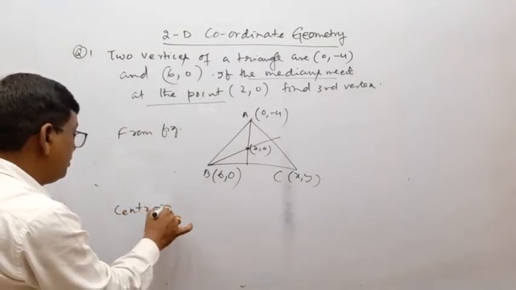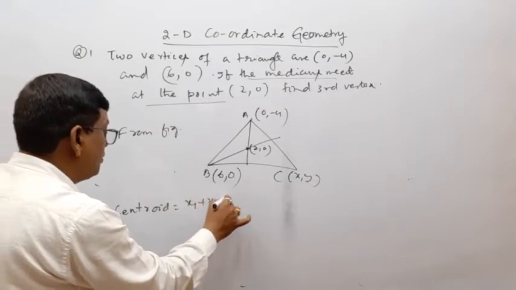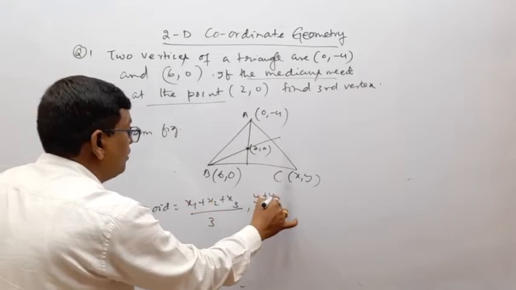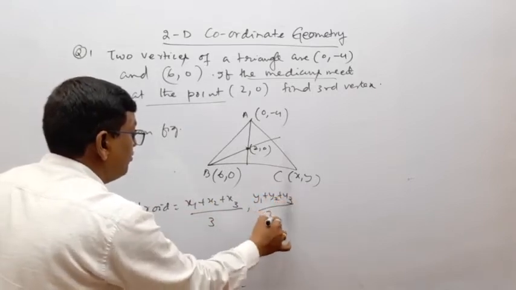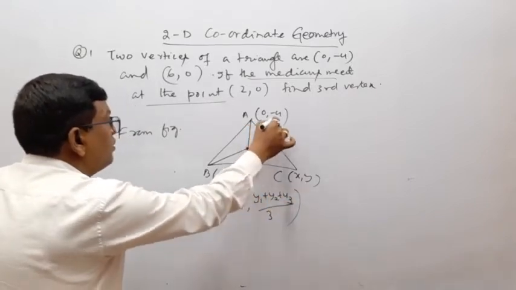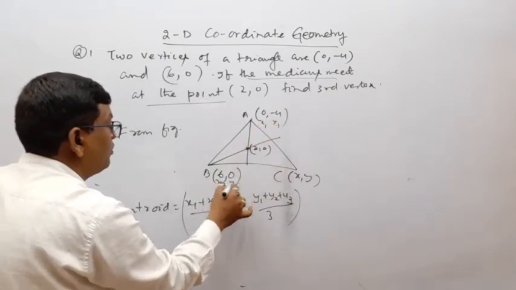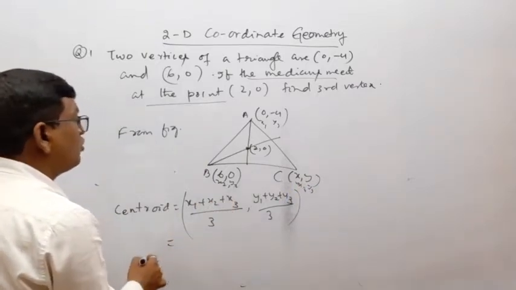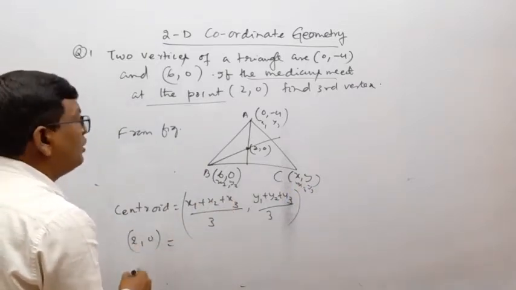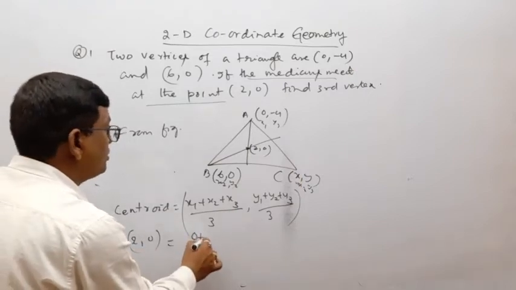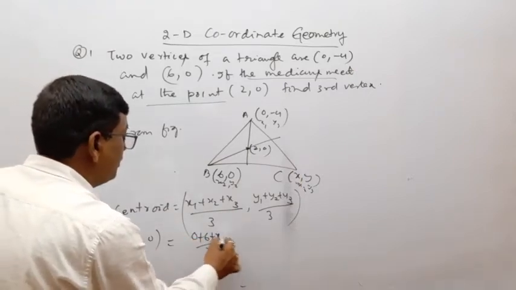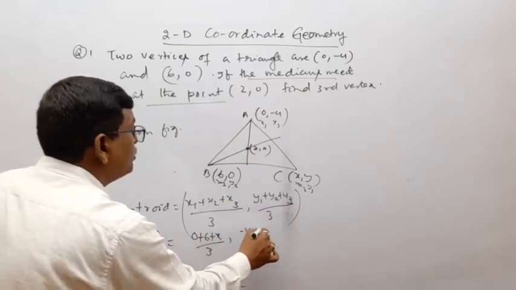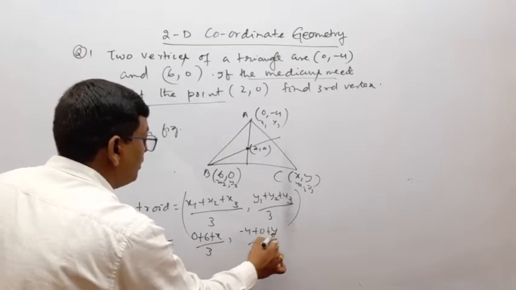Centroid is equal to (x1 plus x2 plus x3) divided by 3, (y1 plus y2 plus y3) divided by 3. So this is x1, y1, x2, y2, and this is x3, y3 suppose. Centroid means 2 comma 0 is equal to (0 plus 6 plus x) by 3, and y1 minus 4 plus 0 plus y by 3.